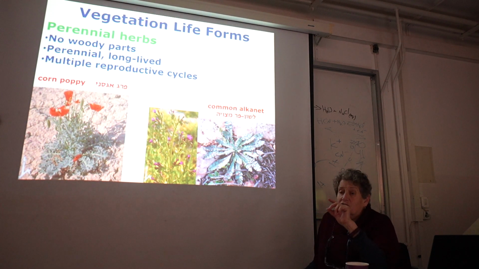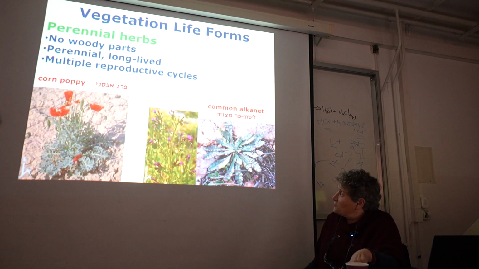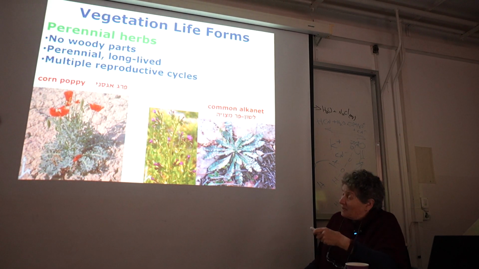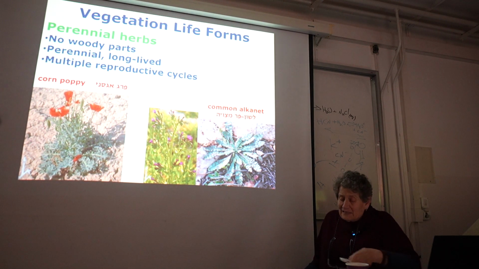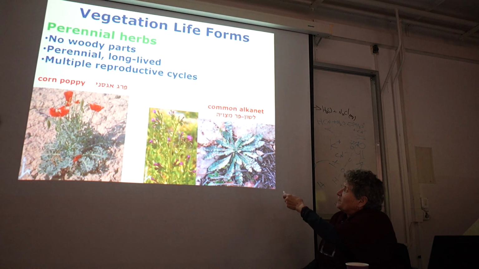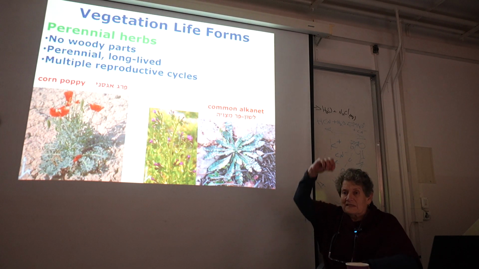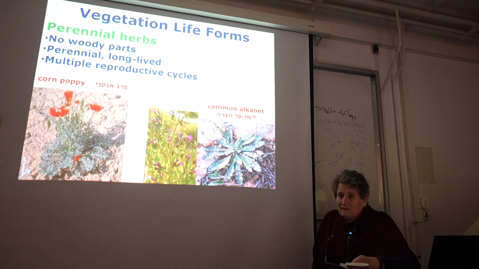Perennial herbs don't have bulbs or corms or anything like that. It's just a plant whose green parts are around throughout the year. In some cases, for example, this species here, the alkanet, this is what you see in the summertime, and this is what you see when it puts out its flowering stalks.